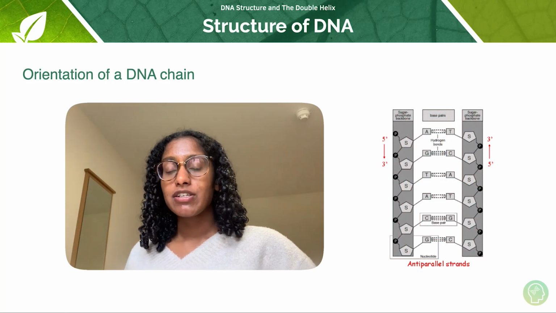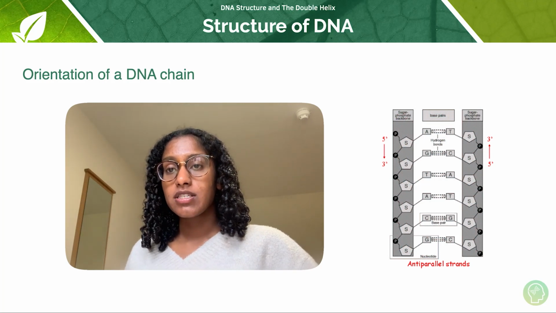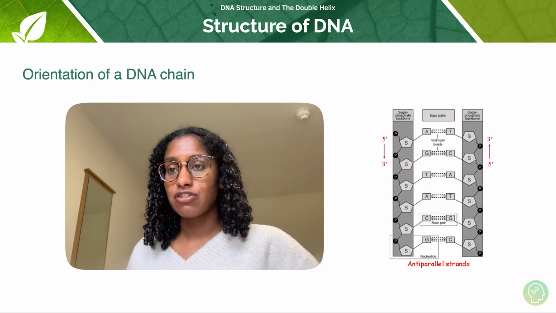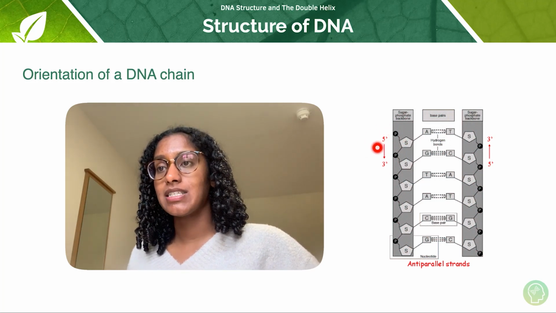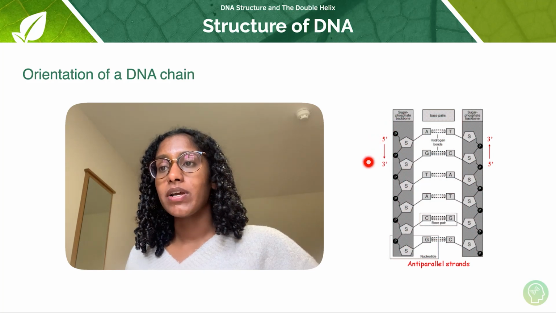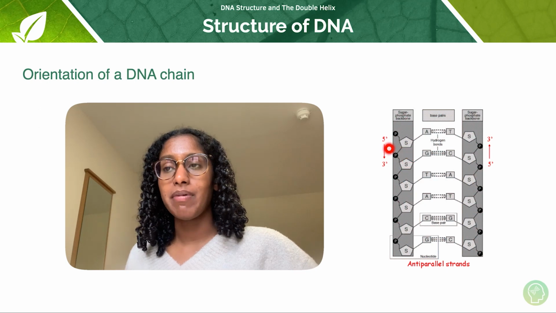So a single strand of DNA has two different ends, and due to the orientation of the deoxyribose sugar, there are two ends. The starting point of a single DNA strand is known as the 5' end, which you can see here. And the end point of a single DNA strand is known as the 3' end.